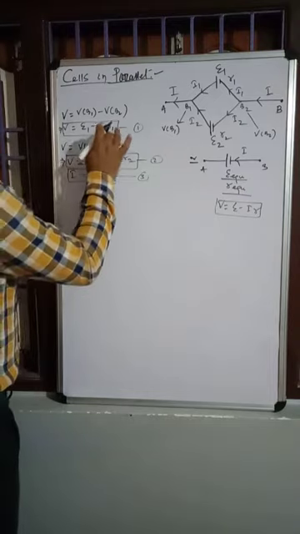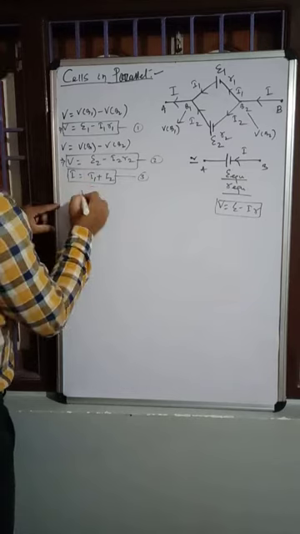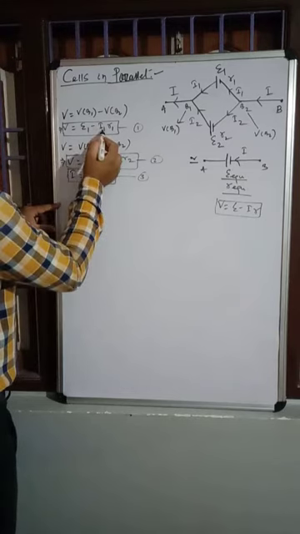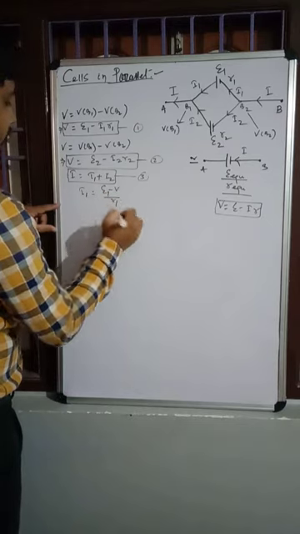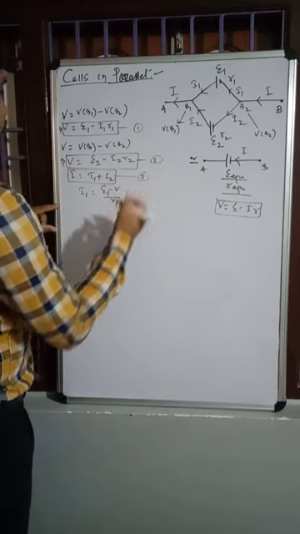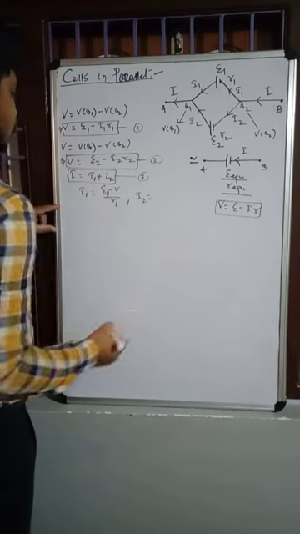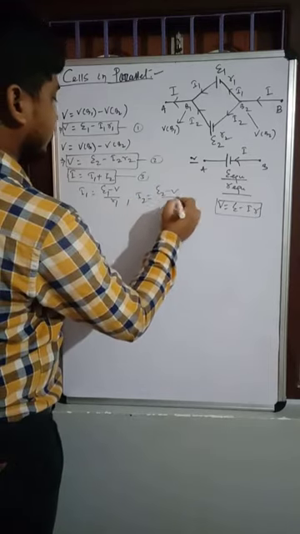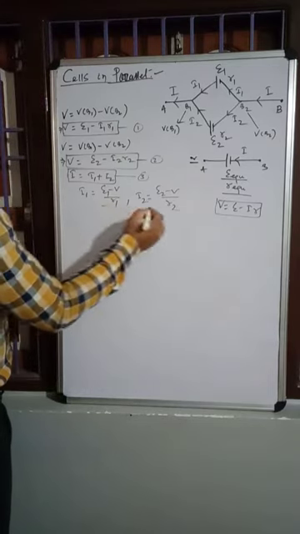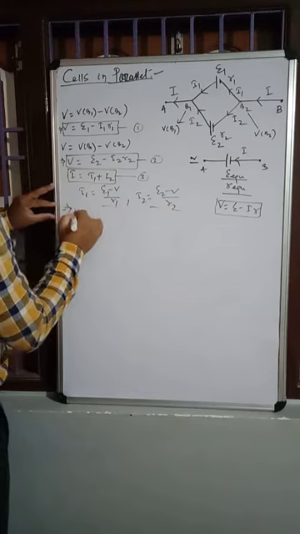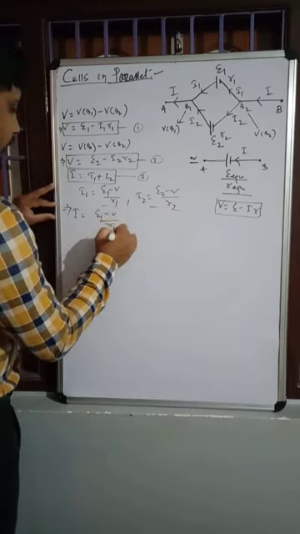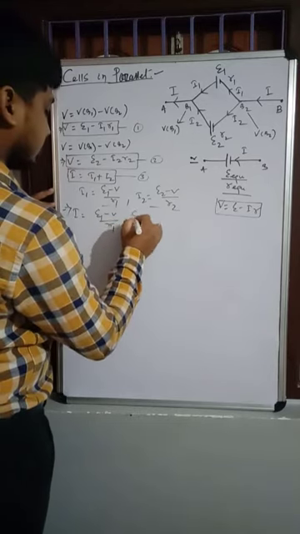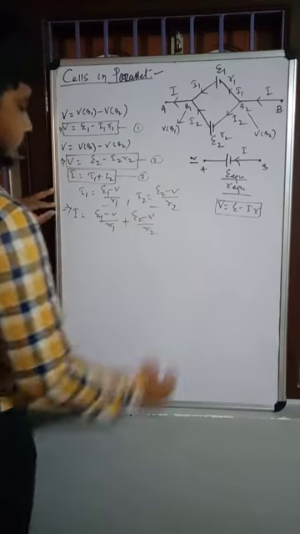So now we will find the net current. From equation 1, I1 will be equal to (E1 minus V) by R1, and from equation 2, I2 will be equal to (E2 minus V) divided by R2. Using these values in equation number 3, you get I equal to (E1 minus V) by R1 plus (E2 minus V) by R2.